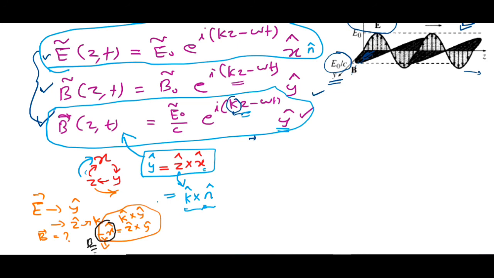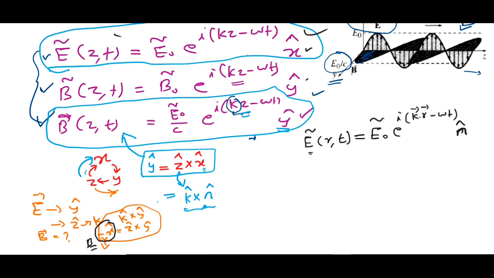If I generalize the equation, that is, if the electric field is propagating along any arbitrary direction, here I take it as generally r, then E0 e power i k dot r minus omega t. This electric field is polarized along the n direction.